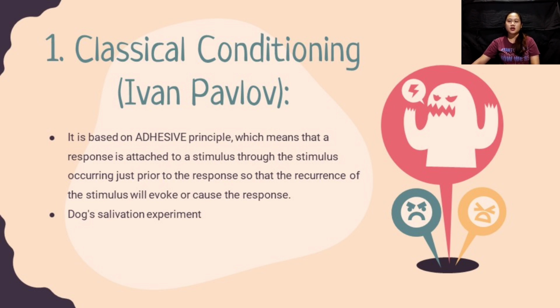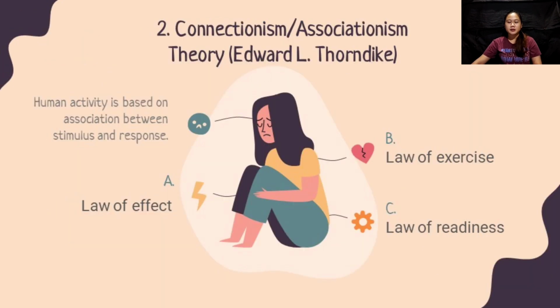So this theory is a type of unconscious or automatic learning. So this learning process creates a conditioned response through associations between an unconditioned stimulus and neutral stimulus. So Ivan Pavlov has an experiment that is all about dog saliva experiment.